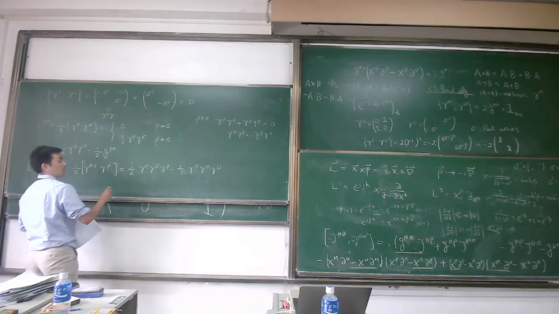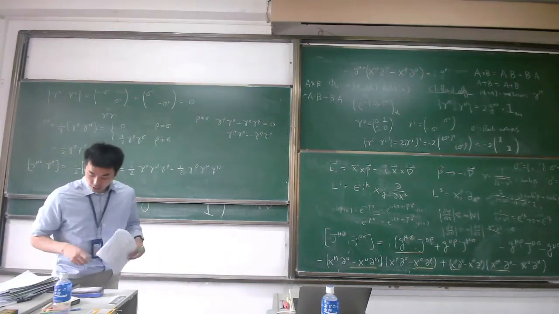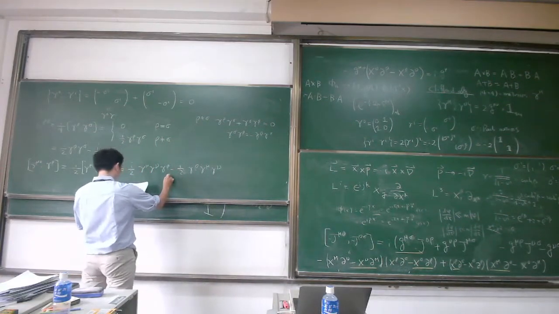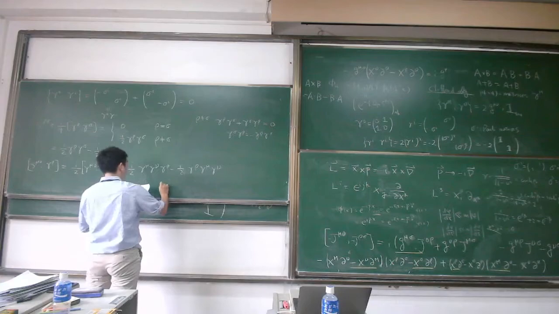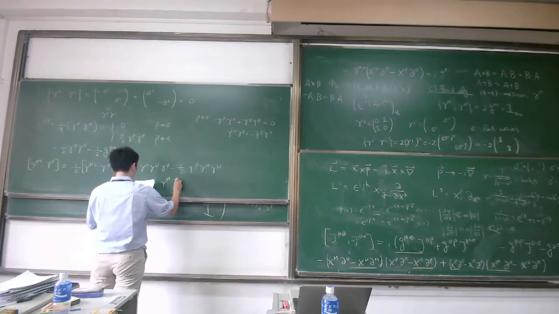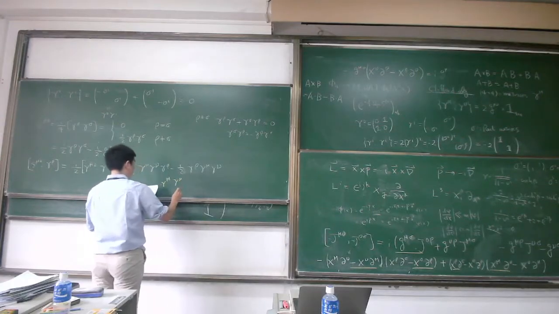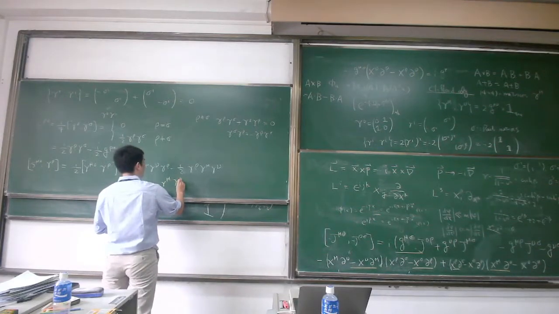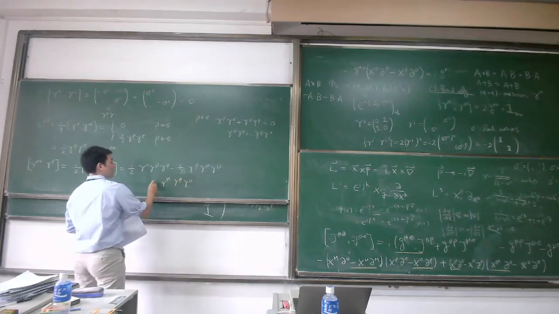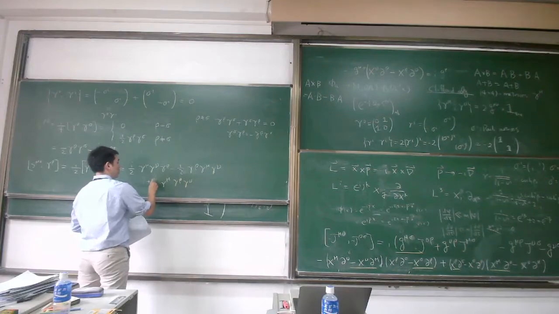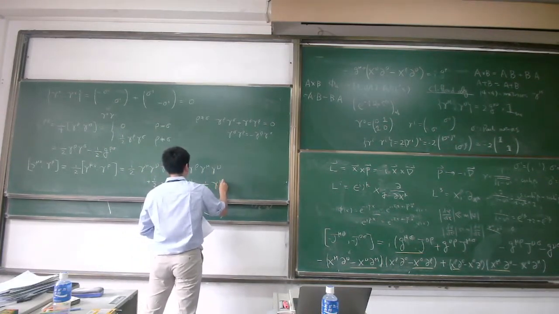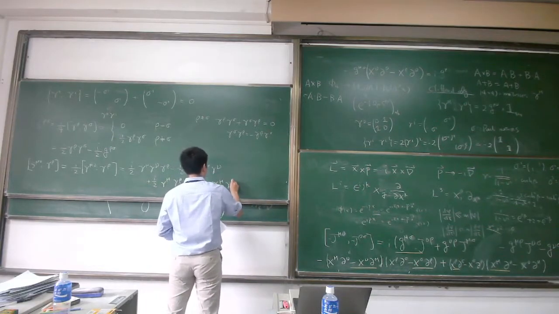So here I will add something nice. Here is the gamma mu gamma rho gamma nu, plus i over 2 minus i over 2 gamma mu gamma rho gamma nu.